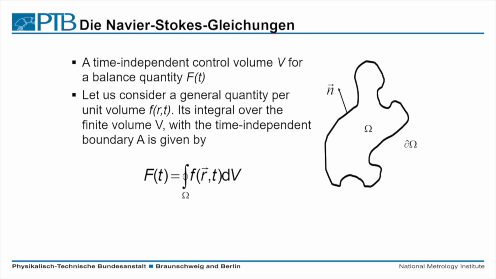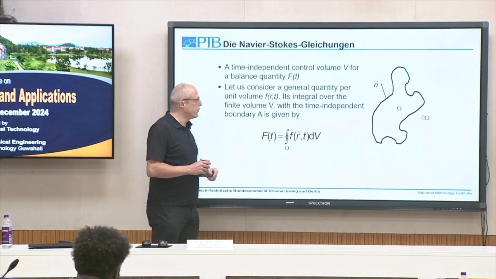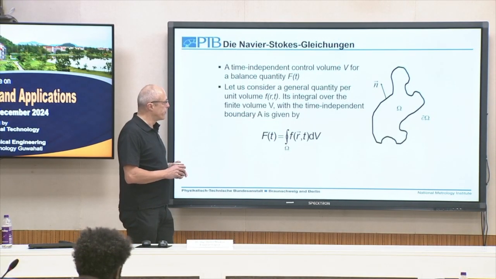If we look at the Navier-Stokes equations, we are interested in a balanced quantity F in a time-independent control volume. That means we want to solve for this part here, the change of this quantity as a function of space and time.